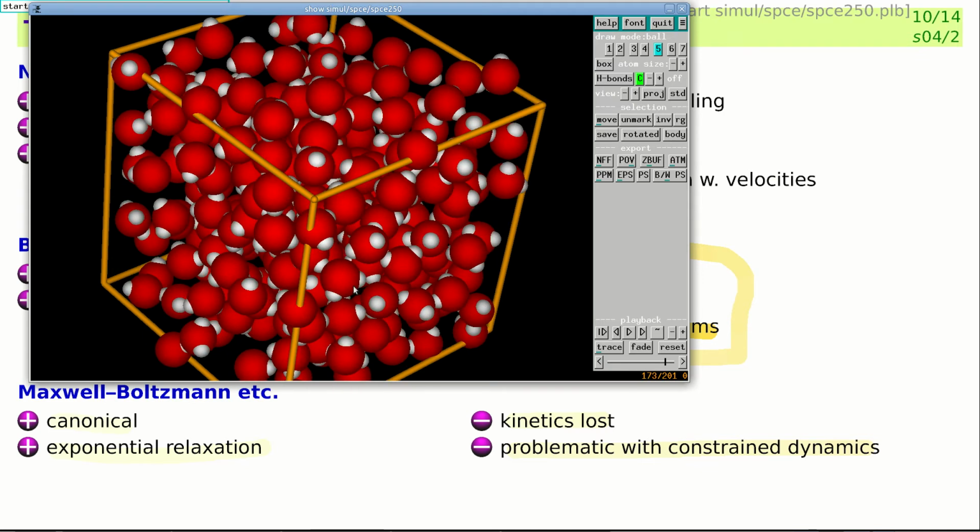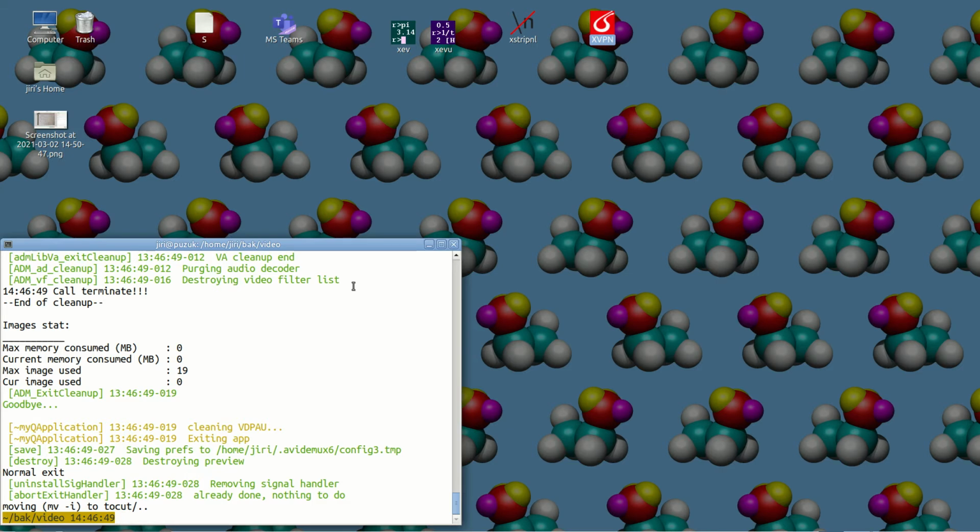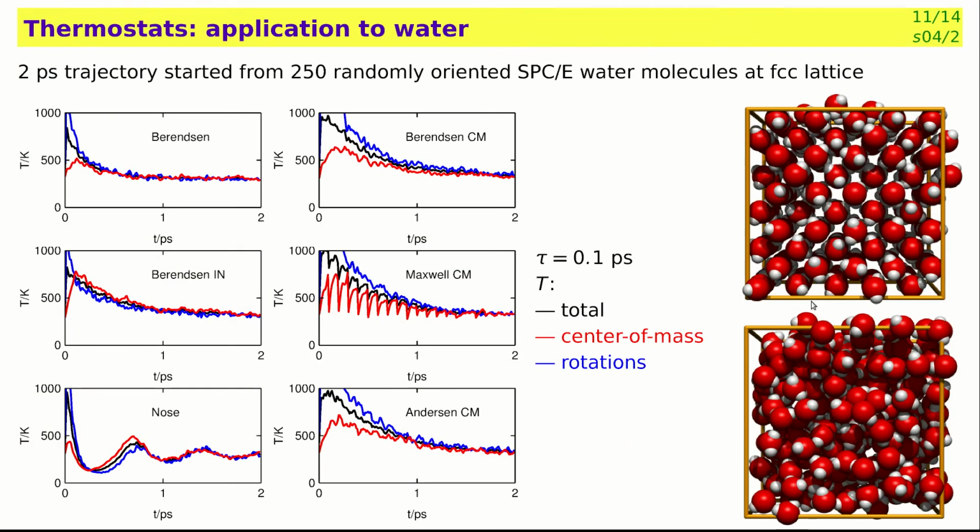This was the Berendsen thermostat. So I return back here, and what we can see using the Berendsen thermostat is that the temperature relaxes fast to about 300 Kelvin, which is the target temperature.